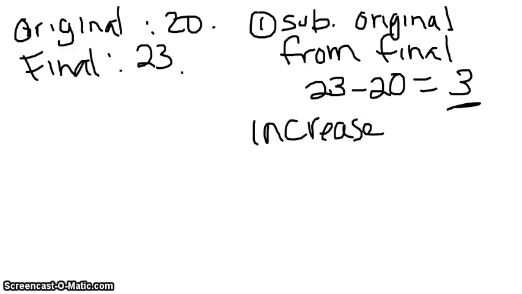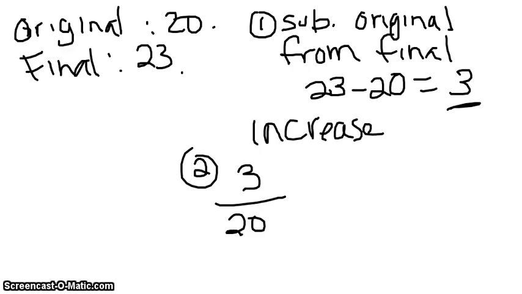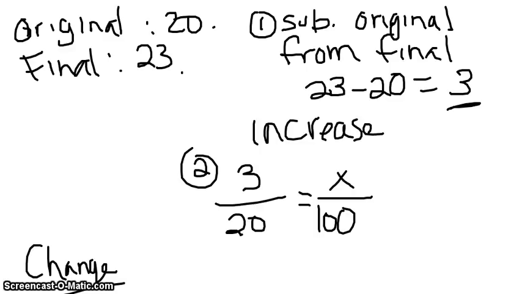So now I need to find that actual percent increase. I have to set up a ratio, and I need to know what percentage of my original it increased. So I'm going to take that change and set it over my original. Then I'm going to set this equal to x over 100, because remember we talked early in the video, a percentage is out of 100.